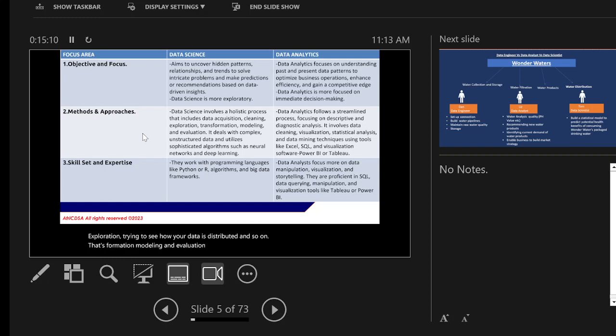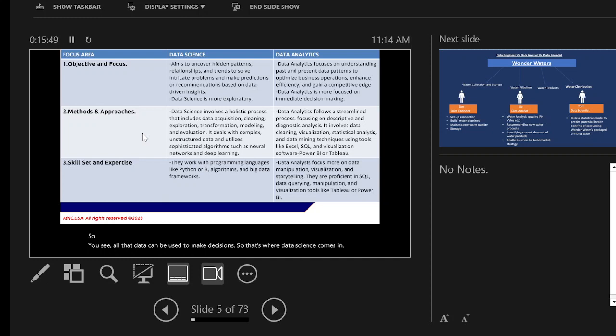So in short, data science deals with complex and structured data and utilizes sophisticated algorithms. An algorithm is like just a formula, such as neural networks and deep learning. So it looks further. You see, unstructured data is like images, voice notes, text, and so on. So you see, all that data can be used to make decisions. So that's where data science comes in.